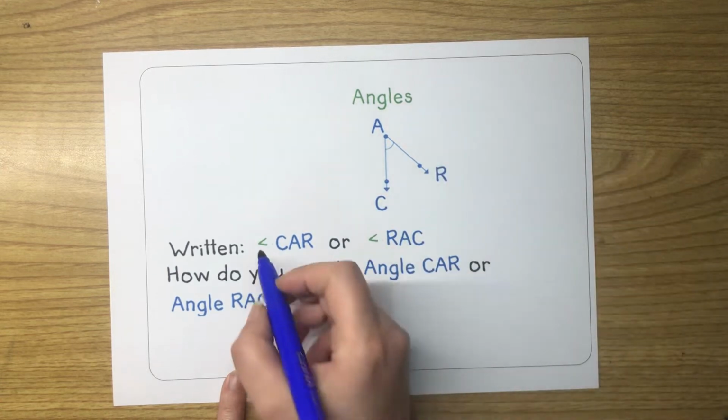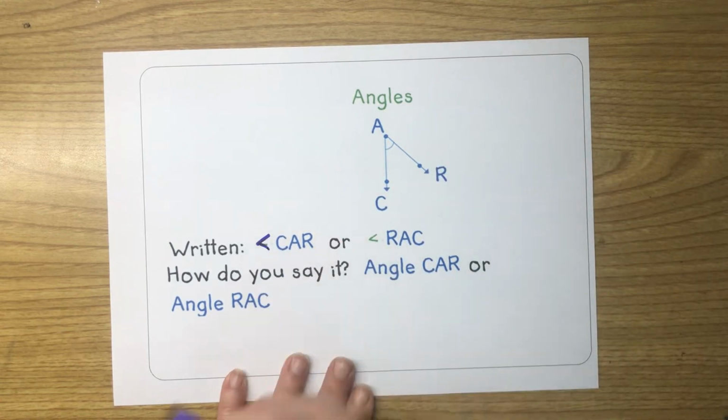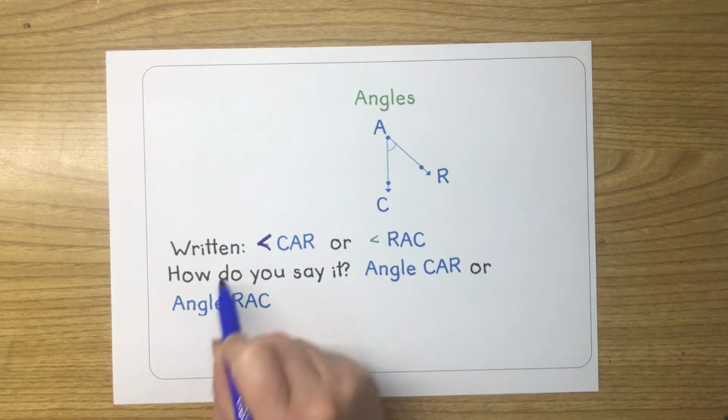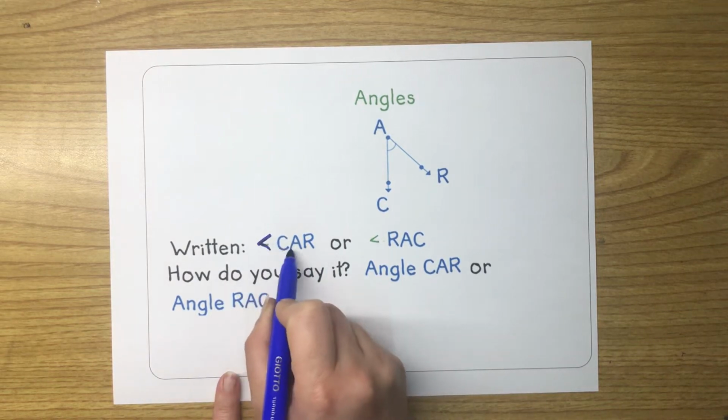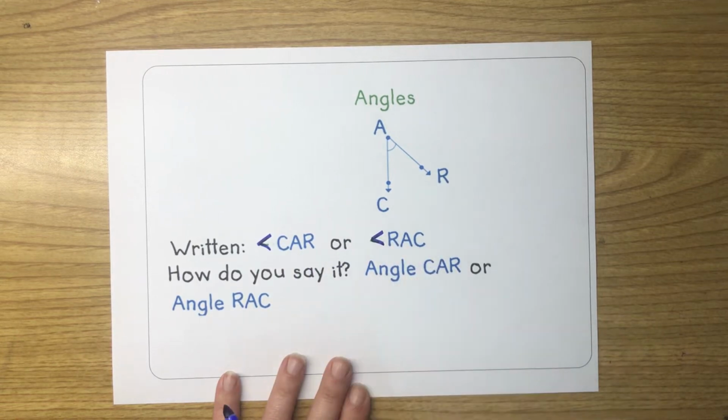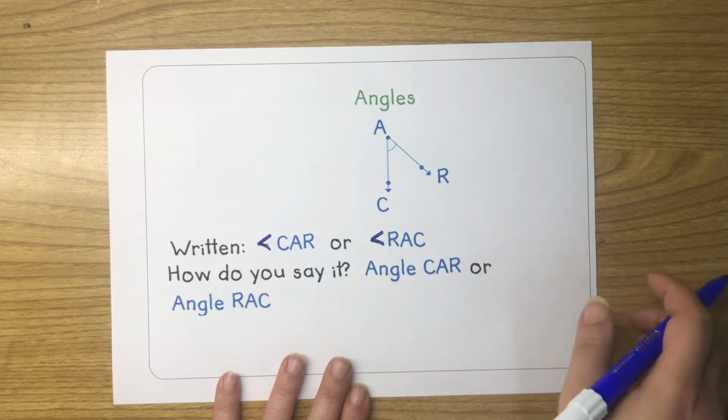You put the symbol of angle in front of the name, so we write angle CAR or angle RAC. And that's how we read it.